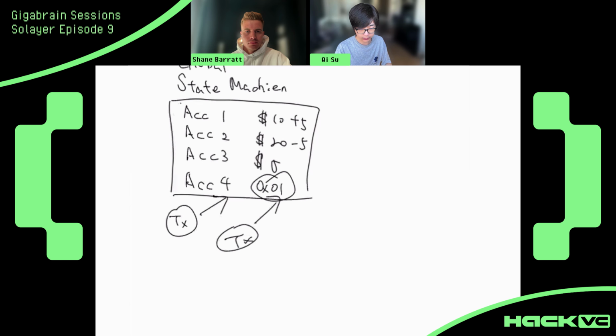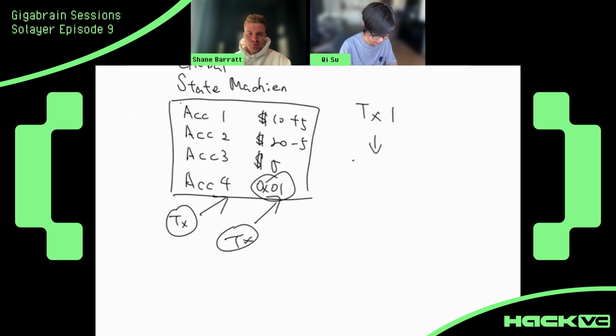So the problem about EVM was that it was a very early state machine. Vitalik and the others didn't think a lot about parallelism. So this sequence of transactions must be executed sequentially, meaning that transaction 1 must be followed by transaction 2, followed by transaction 3, no matter what. Even if transaction 1 is only related to the first 2 accounts, and transaction 2 is only related to the third and fourth accounts, they must be executed sequentially.